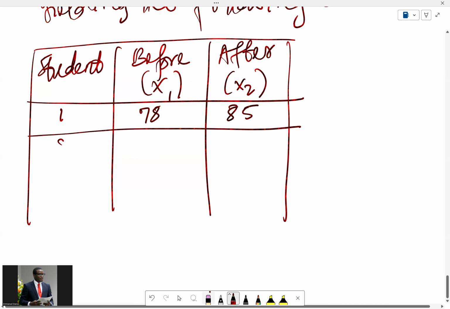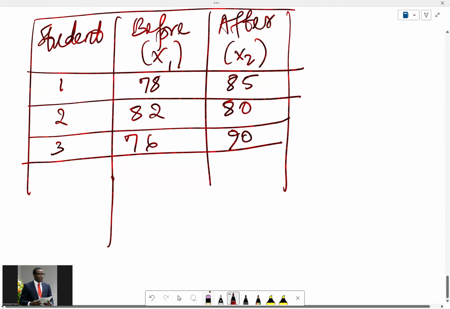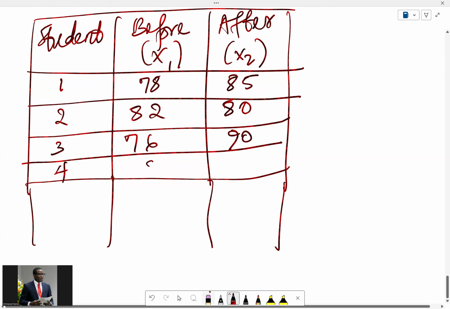Student 2: before 82, after 80. Student 3: before 76, after 90. Student 4: 88, 91.